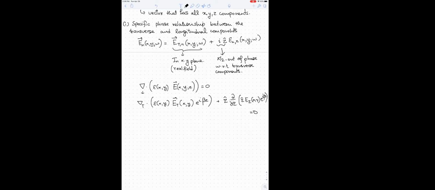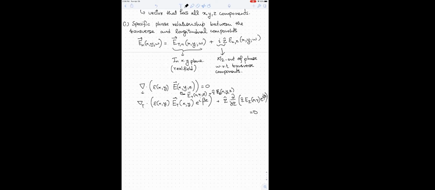Does this make sense? So I simply wrote my electric field as some transverse field plus z hat times a field polarized in the z direction, right?